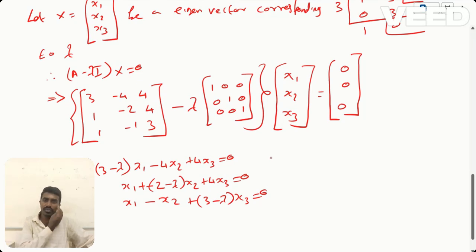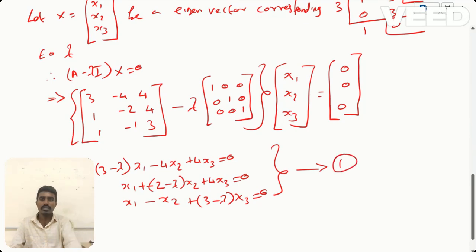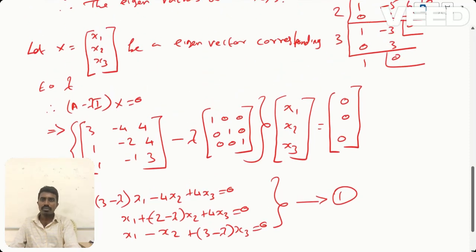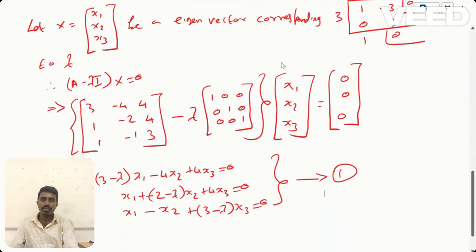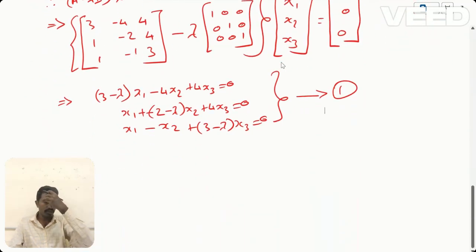So this is the system of equations. Name these equations as 1. Now we have 3 lambda values, minus 1, 2 and 3. So substitute one by one.